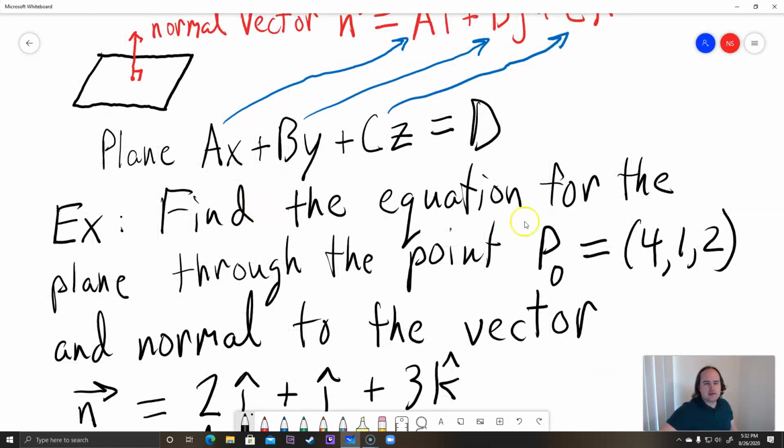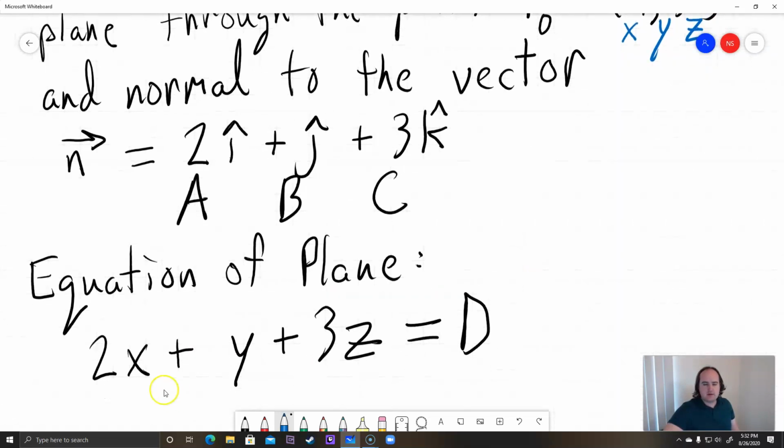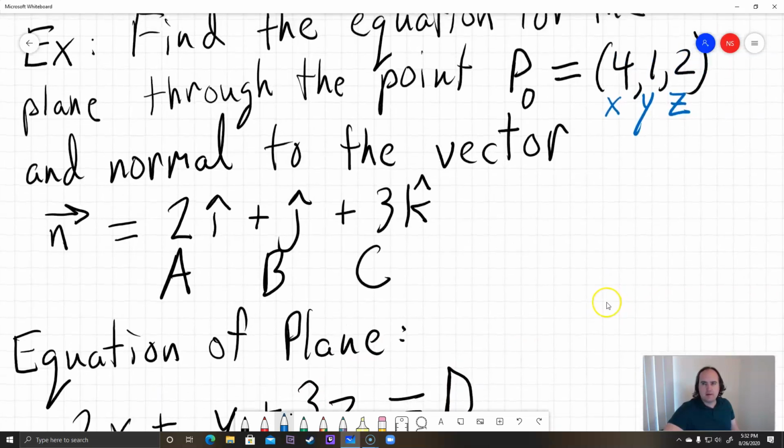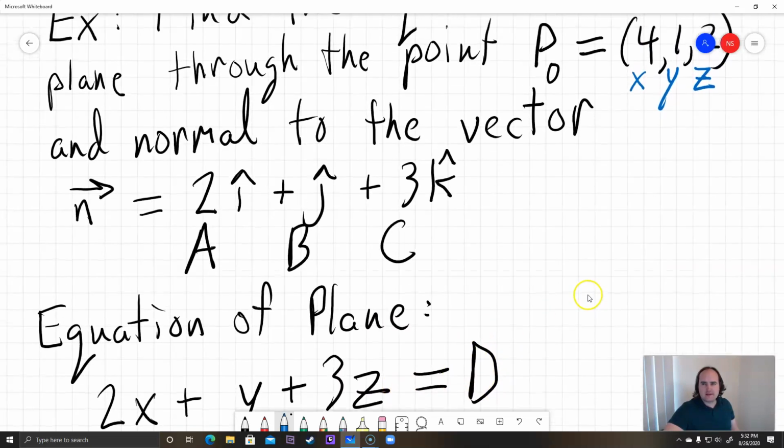Well, fortunately they tell us that the plane passes through the point P naught equals 4, 1, 2. And keep in mind that that point has coordinates x, y, z. Okay, so what we can do is we can actually plug in x, y, and z into this equation that we have here, and then we can solve for d, and then we'll know what to plug in for d.